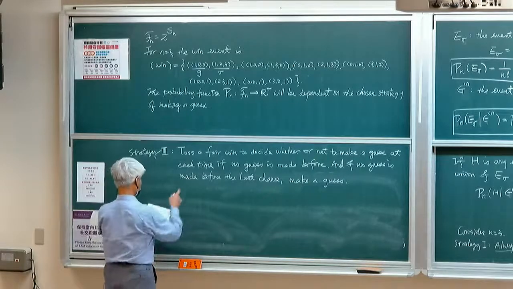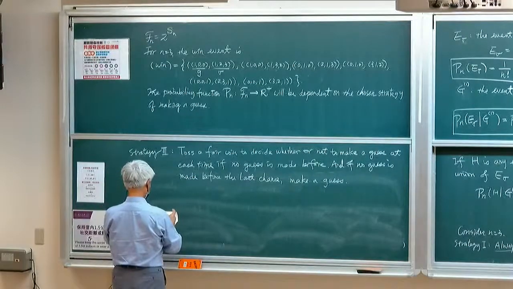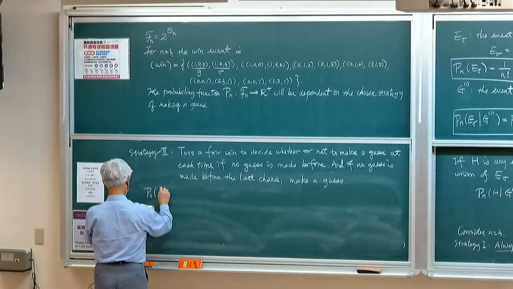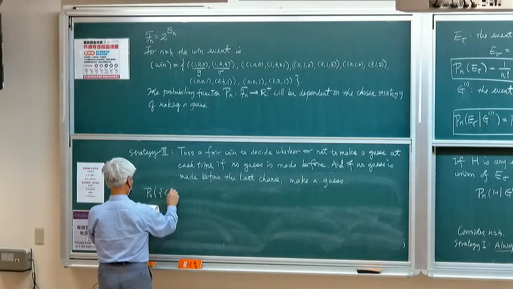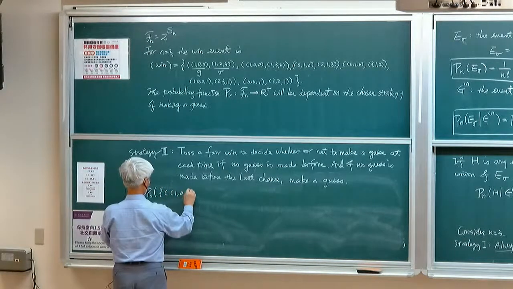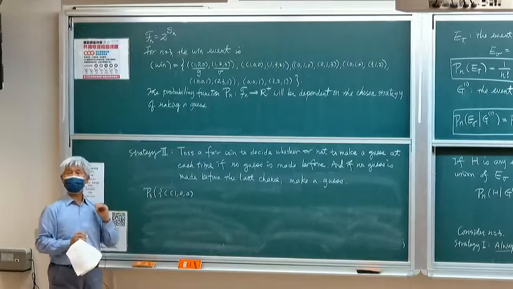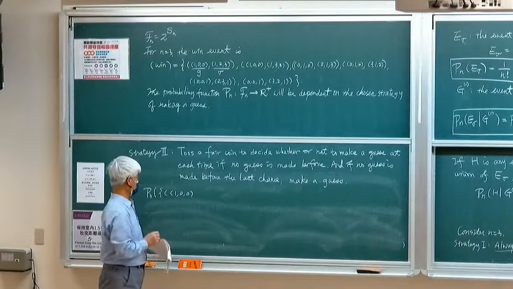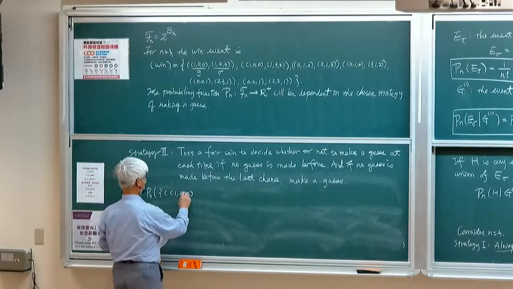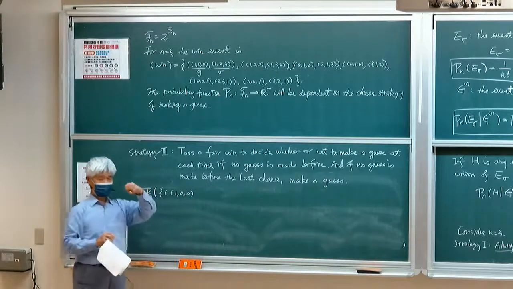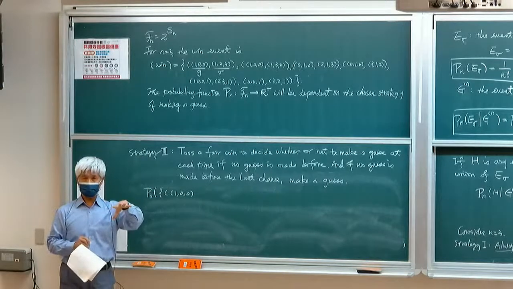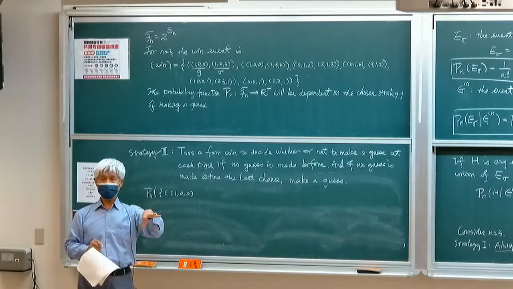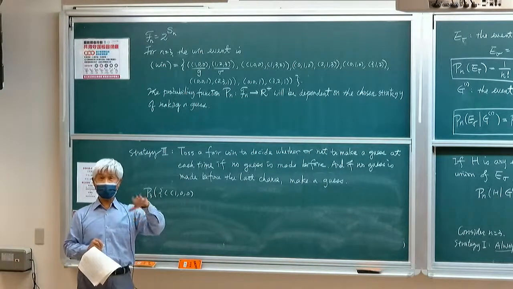Okay, so with this strategy, the P3, now we describe the atomic event, right? So 1, 0, 0, okay? 1, 0, 0 means that when the player tosses the coin for the first time, the face of the coin is head.